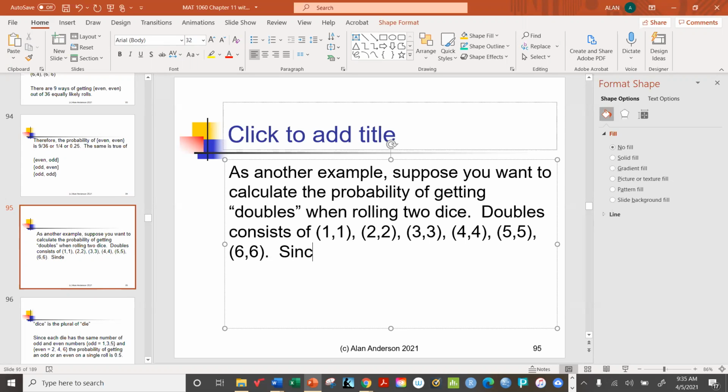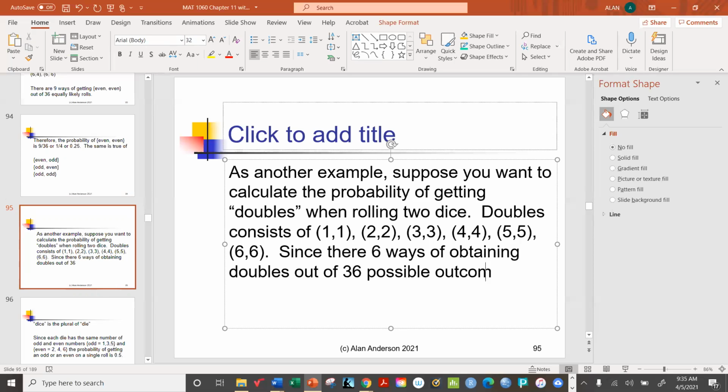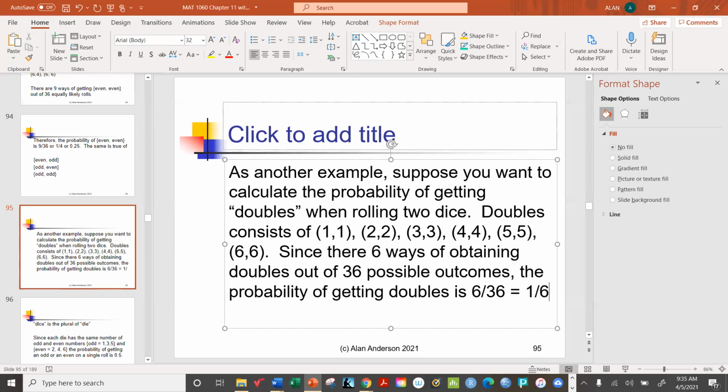Since there are 6 ways of obtaining doubles out of 36 possible outcomes, the probability of getting doubles is 6 out of 36, which is the same thing as 1 out of 6. Or if you want to give it a decimal version, it's 0.167 approximately.